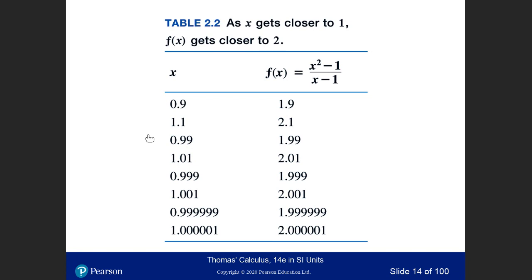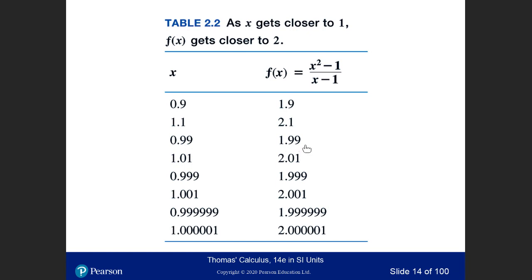I approach from the left first. 0.9 is close to 1, and if I calculate, that's 1.9. Now I approach from the right, values greater than 1. When I calculate, I find 2.1. Now I approach more to 1. I put x equal to 0.99, and I obtain f of x is 1.99.